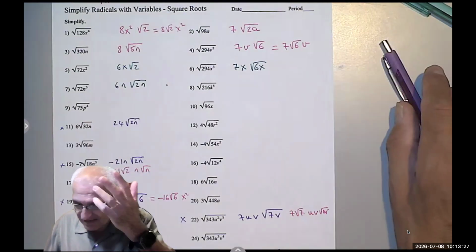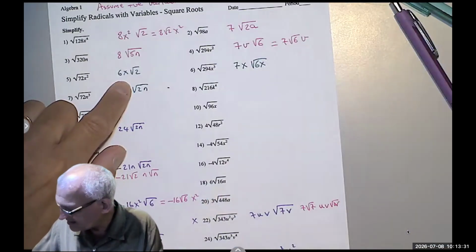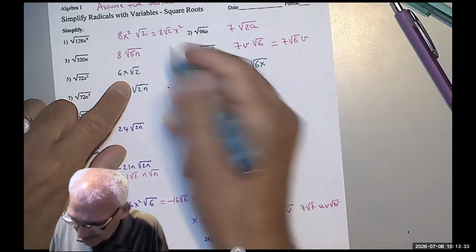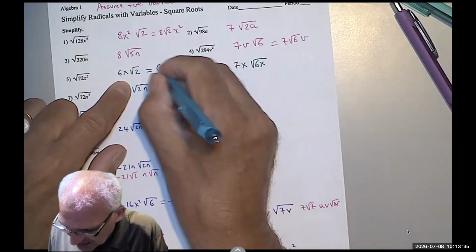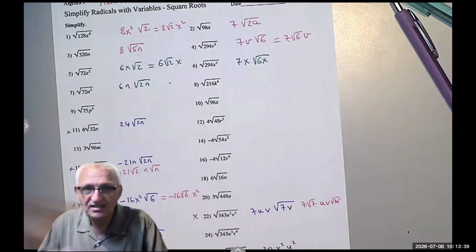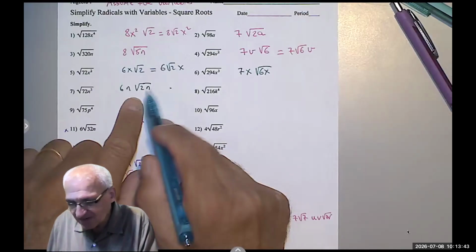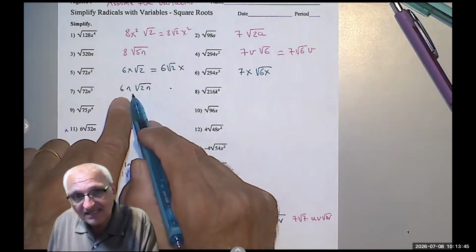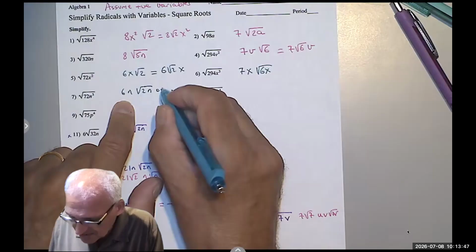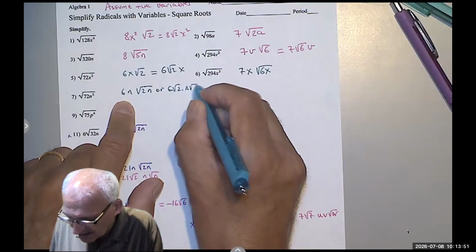So again, I prefer to write the numbers next to each other. So 6 root 2x makes more sense than to write it 6x times root 2, right? The numbers first, then the variable. But if they are combined, I can either leave it like that or say 6 root 2 times n root n.